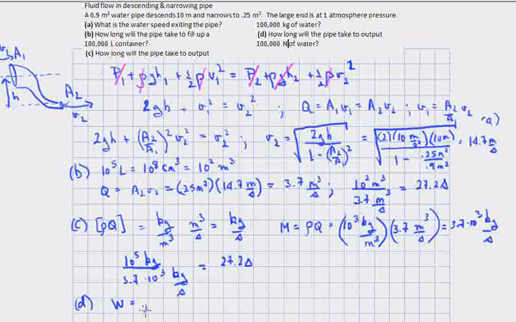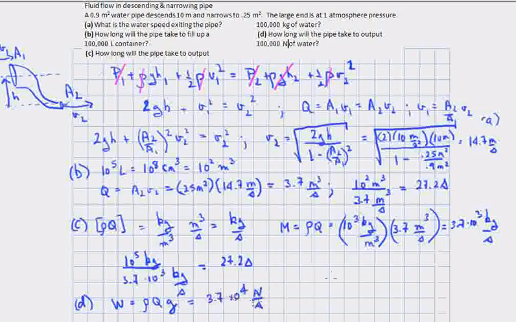It's going to be rho times Q times G. This gives me kilograms per second, and then multiplying by G gives me newtons per second. And so if I take G to be 10, that's going to come out to be 3.7 times 10 to the fourth, just adding a factor of 10 on here, and that's going to be newtons per second.